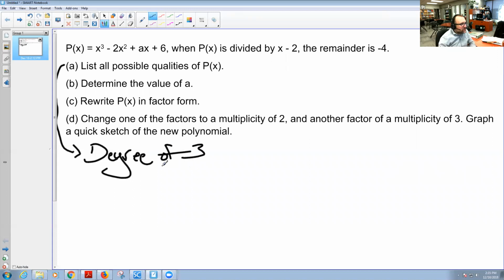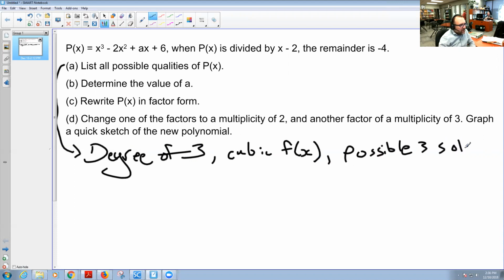Well, we also know that it is a cubic function, and so that means it could have 3 possible solutions.